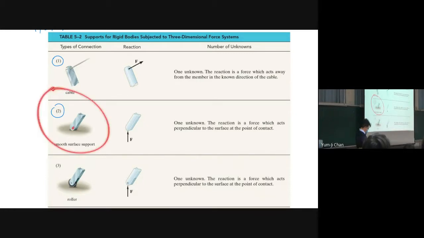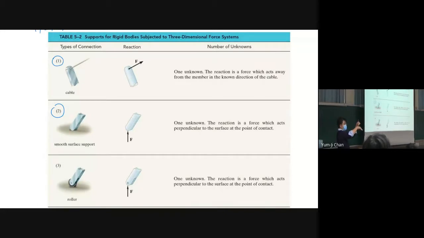So of course it can move, it can rotate in this direction, and it can rotate in this direction. It can rotate in this direction. That means, for example, for a pen, that it can rotate in this direction, and this one, and this one, and this one.